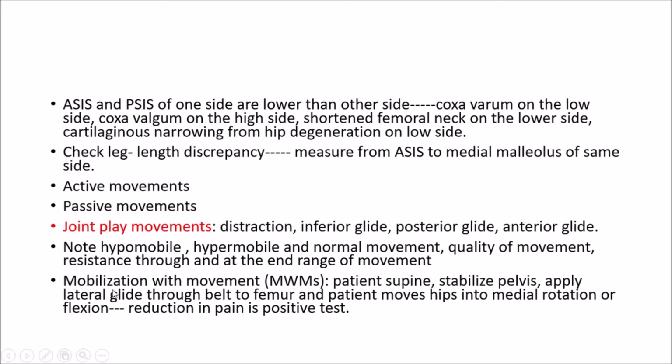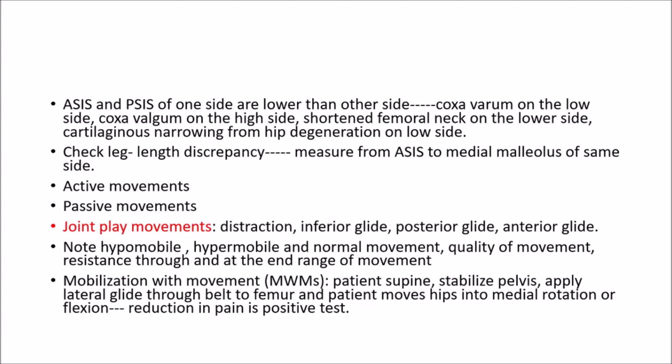Next is the mobilization with movement. This will tell you whether the pain is due to a mechanical joint problem or not. The patient will be supine and you stabilize the pelvis.